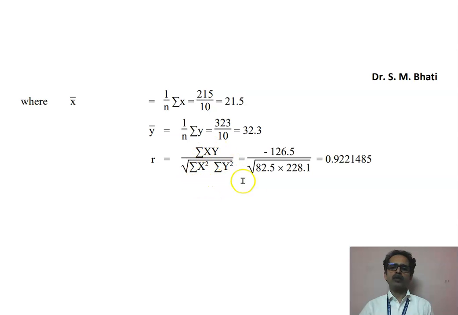Put all three values here and simplify, and you will find r is 0.922148. You can see the value of r is positive, and because it is very close to 1, we can say that the relation between x and y, that is price and supply, is excellent.